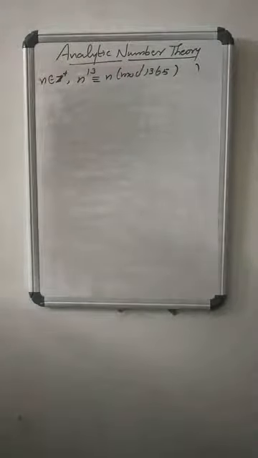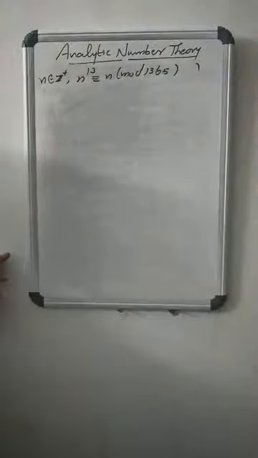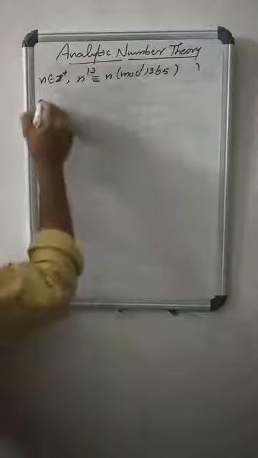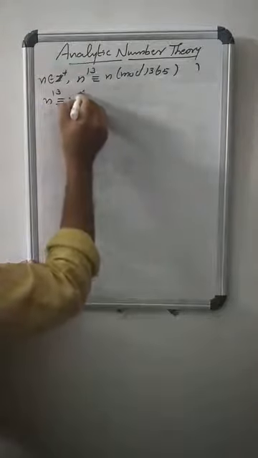How? First you factorize this 1365 into prime factors. Means, so it is n to the power 13 is congruent to n mod 1365.